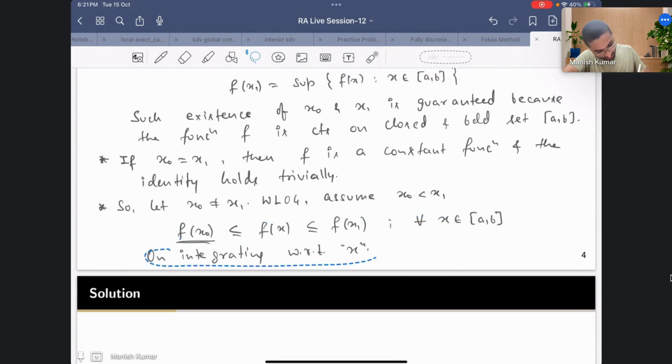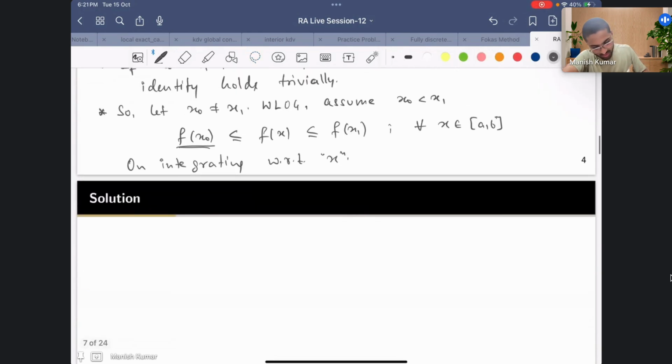Okay, so now if we integrate this inequality with respect to x, what we get is f of x0 multiplied by the length of the interval, which is b minus a, less than or equal to the integral of f over a and b, and this is less than or equal to f of x1 times b minus a, right?